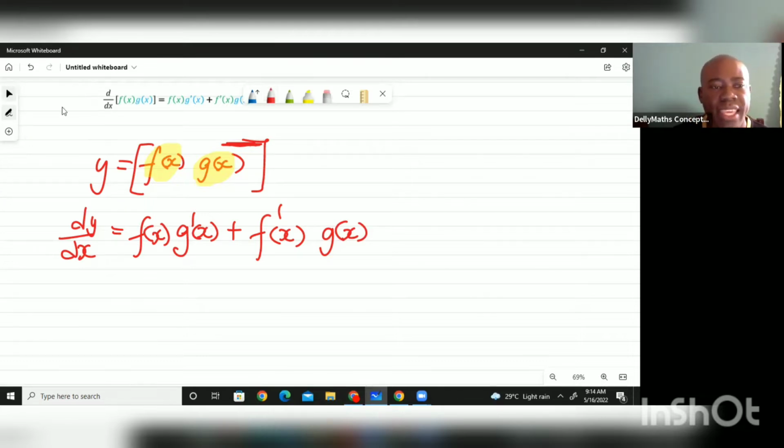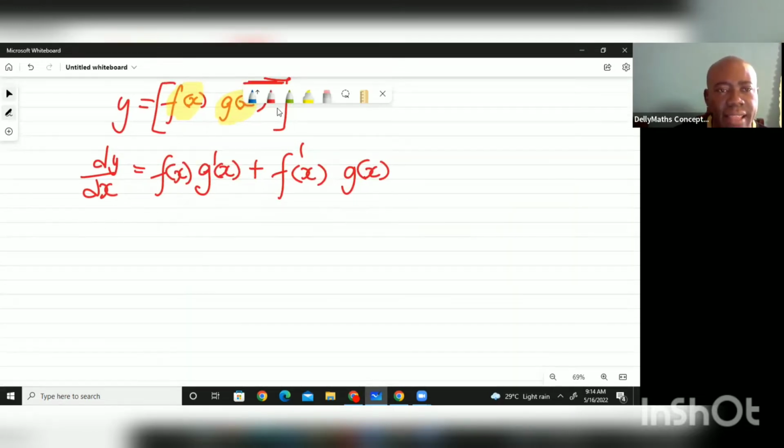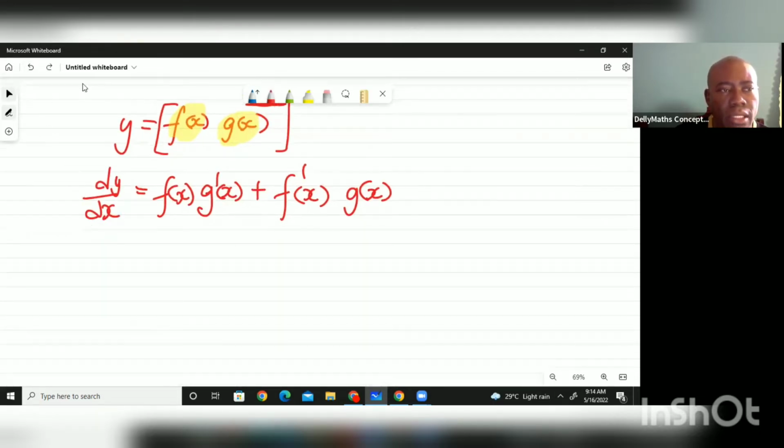Now, in handling the product rule, let us use a case like this. Let us say that we have y equal to 3x squared minus 2x, times 4x plus 7.